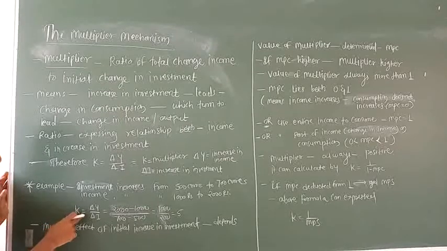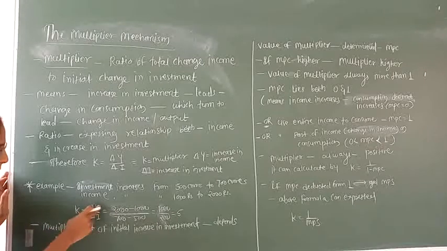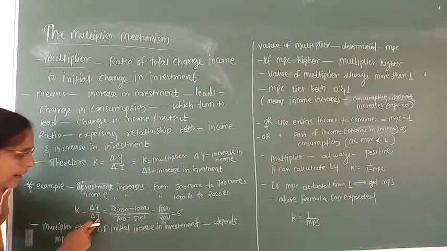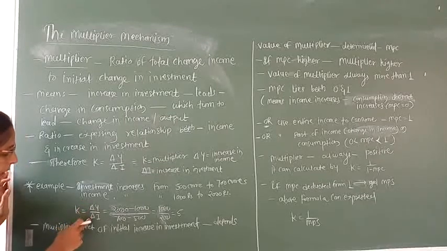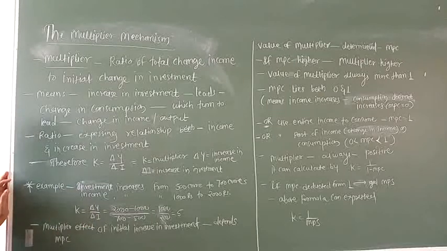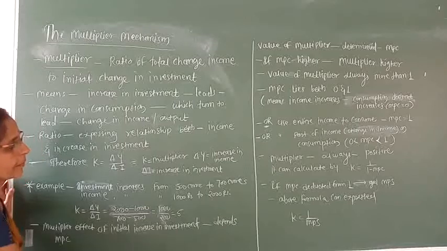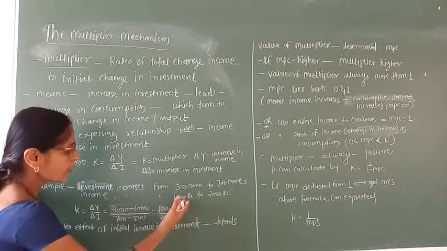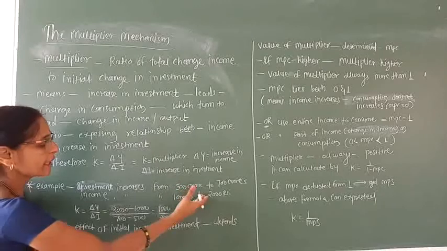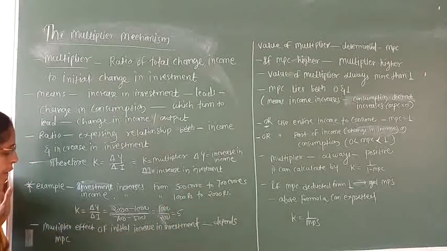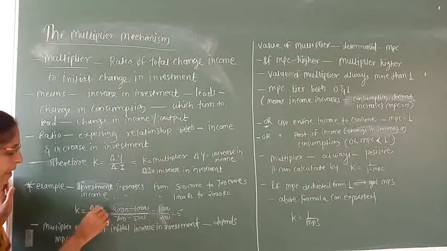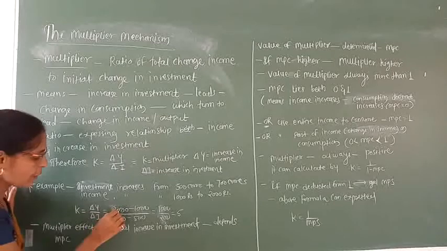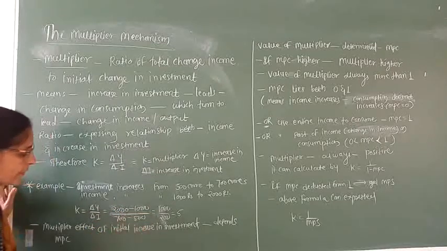K is equal to delta Y divided by delta I, increase in income divided by increase in investment. The initial income is 1000 and it increases to 2000, so the change is 2000 minus 1000.